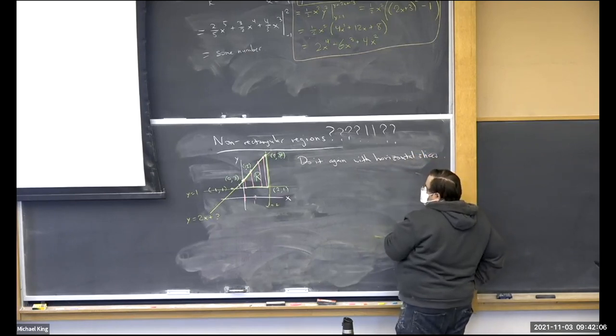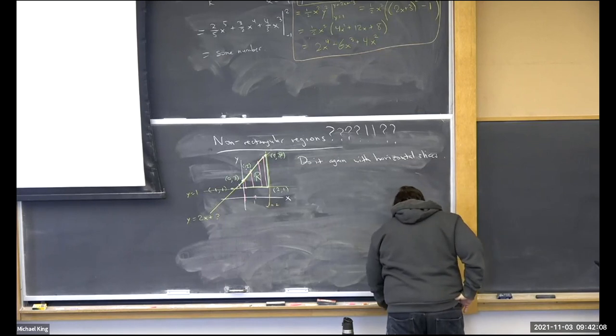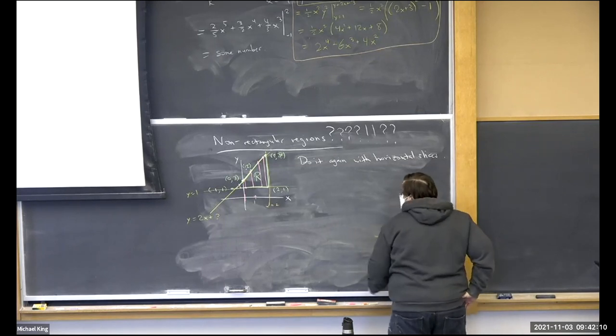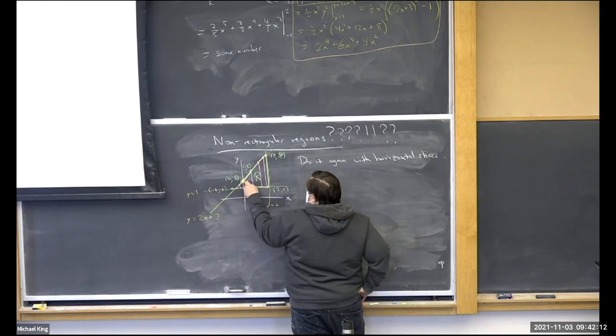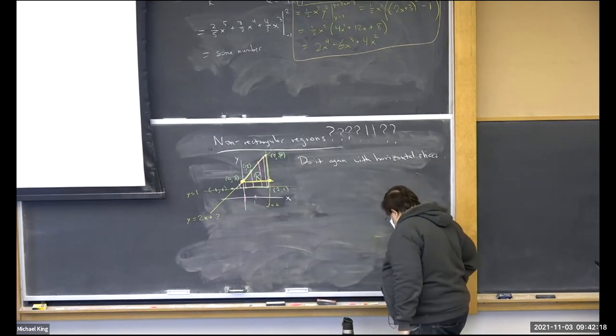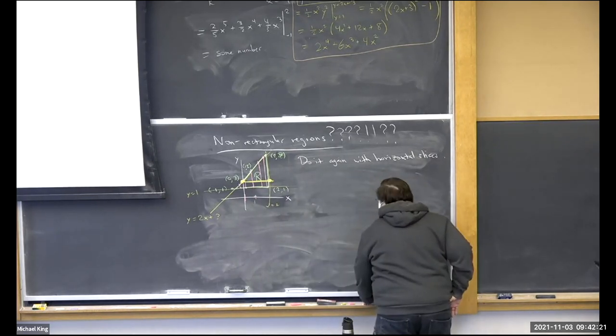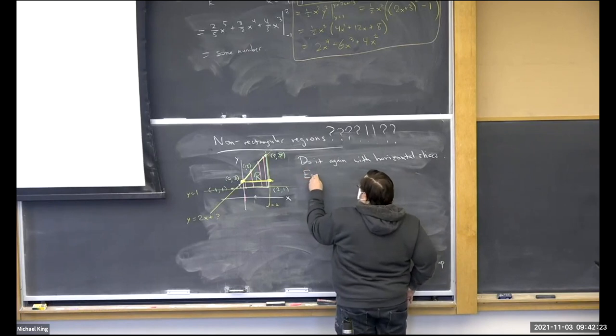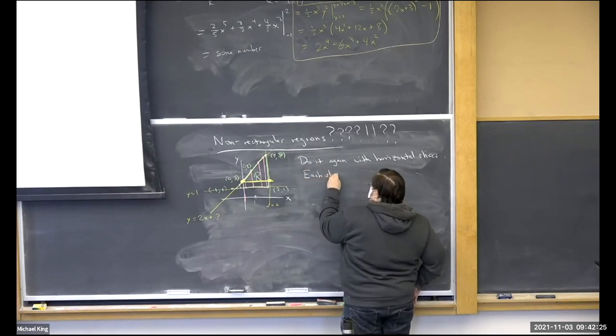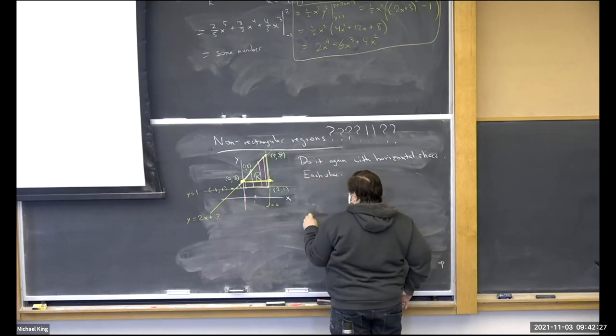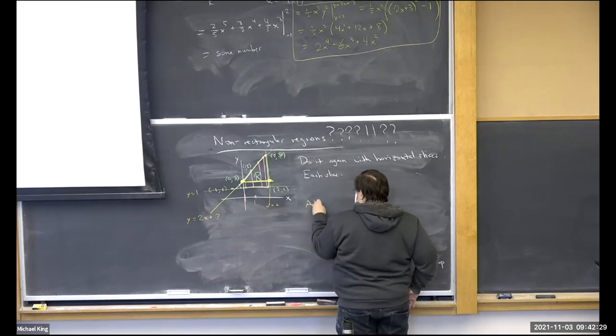So now we would have a slice that looked like this, right? This yellow slice right here. And so let's think about each slice. Even before I write down integrals, I like to write out each slice and then add up all the slices.